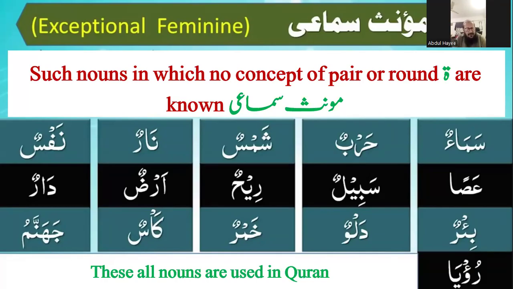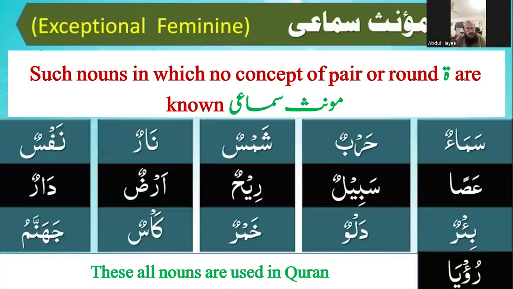So what are they? Sama'un, skies. Asa'un, they mean the stick. Ru'ya mean the dream. Harbun, war. Sabilun, path. Dullu, the bucket. Shamsun, sun. Rehun, wind. Khamrun, wine. Narun, fire or Jahannam.